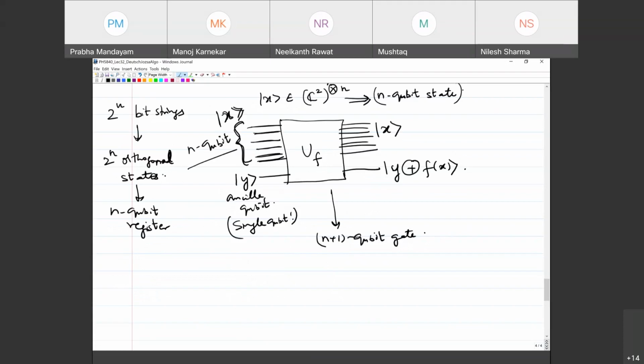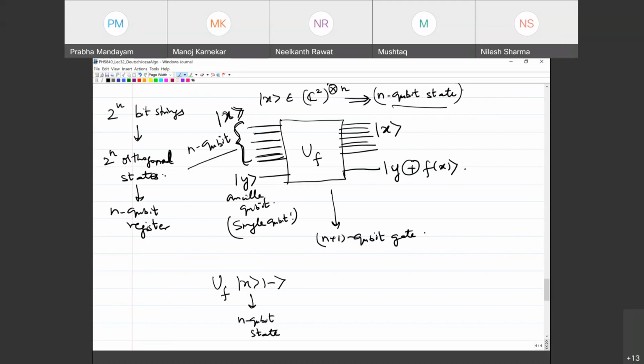So once again, all the arguments will go through. So now if I input some x minus, where x again, remember, is an n-bit string. So ket x is actually a state in the 2 to the n-dimensional space, right? Which means it's a state on the n-qubit space, right? So this is again an n-qubit state.